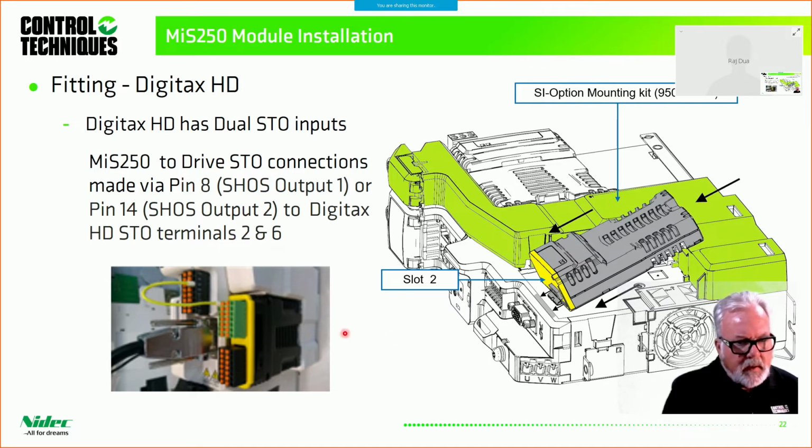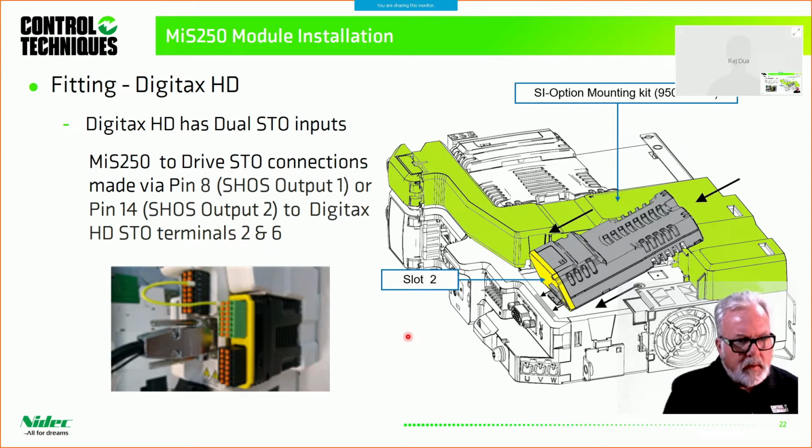So again, that's a very important distinction: you must put the MIS 250 in slot 2, and further, you'll require a wired connection from a safe output on the module to the safe torque off contact on the drive. And that's the arrangement that I have here today, and I'll be showing you tomorrow.